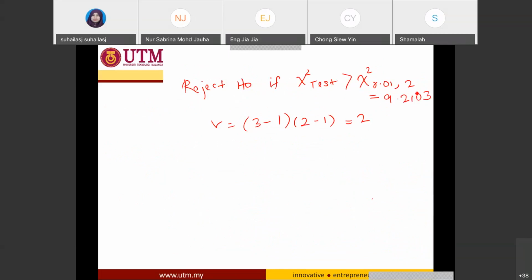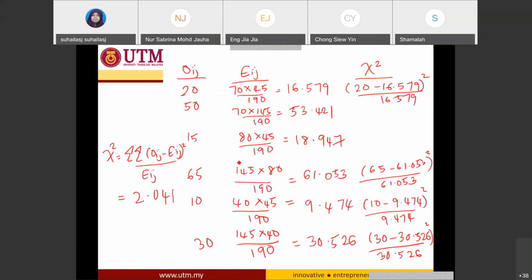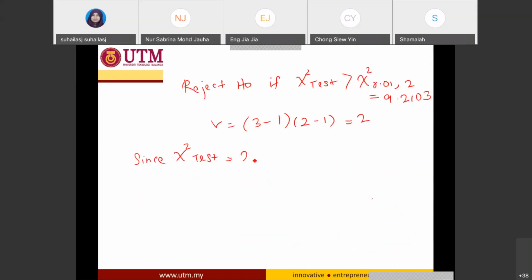Let's say you have 9.2103. So again, since your chi-square test, 2.041, is less than chi-square alpha, in this case we fail to reject H naught.